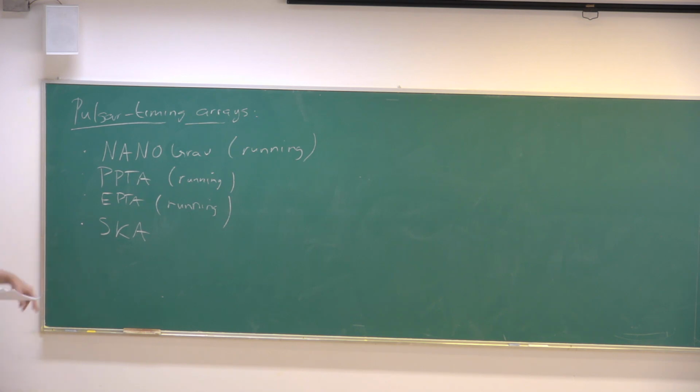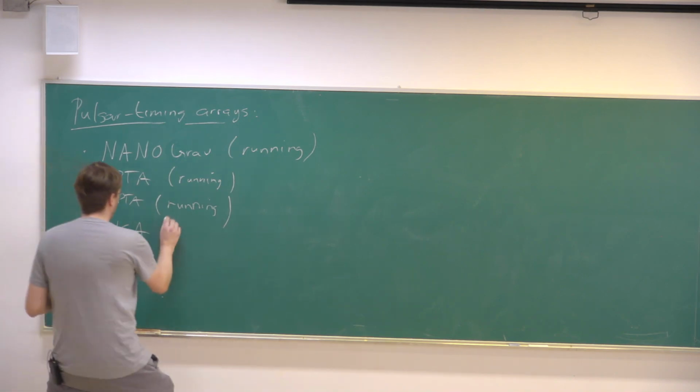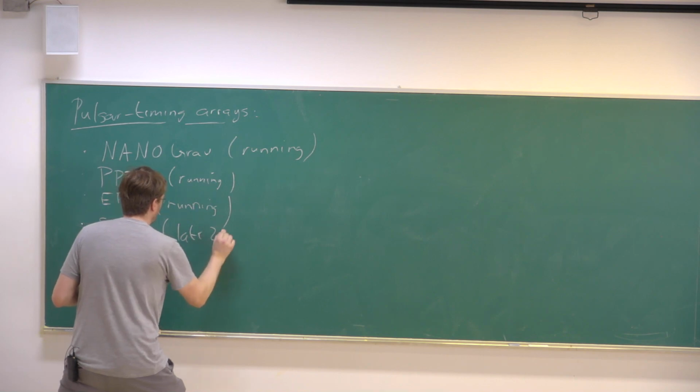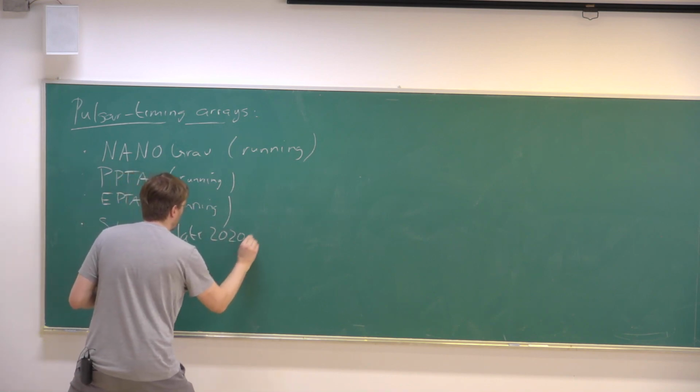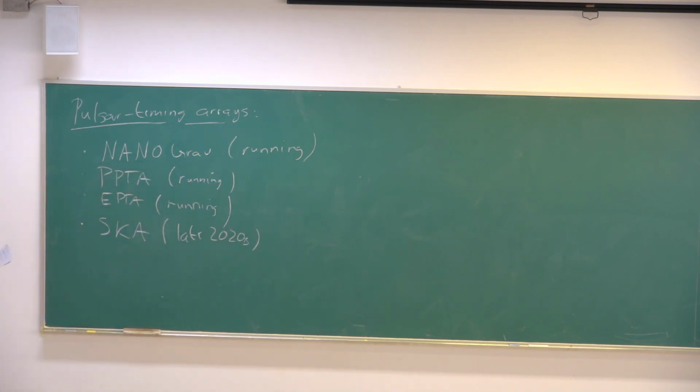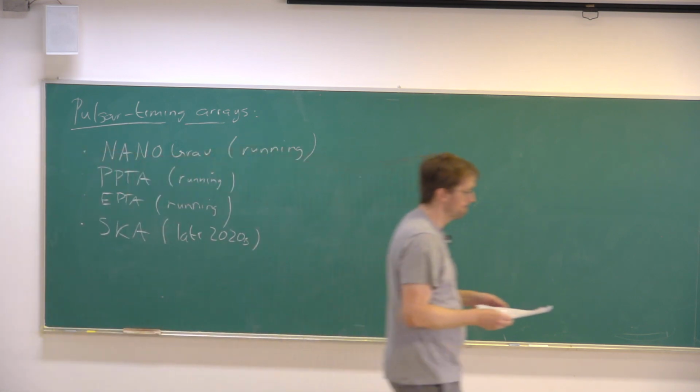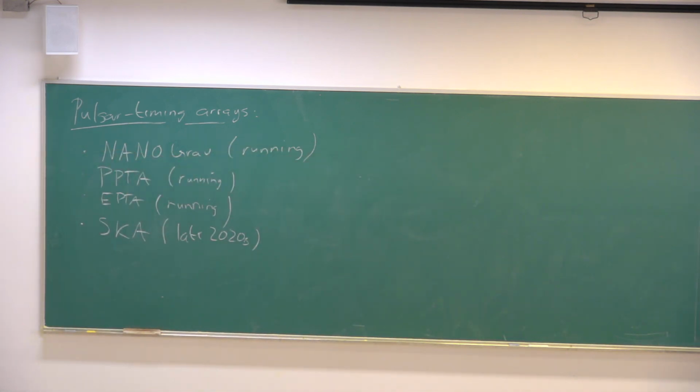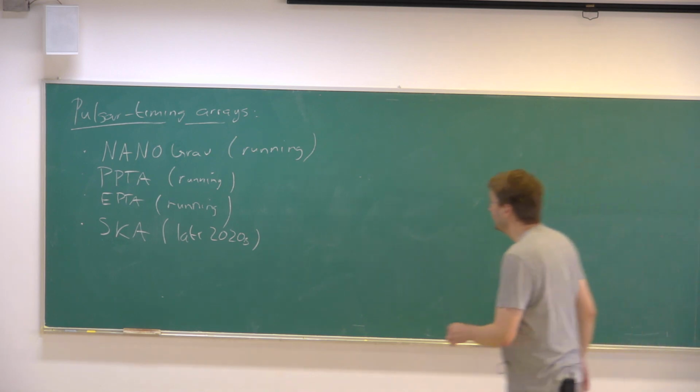So SKA is really the radio telescope in the Square Kilometre Array, which has an effective area of 1 square kilometer. So just remember these names because they will come up in a few minutes.